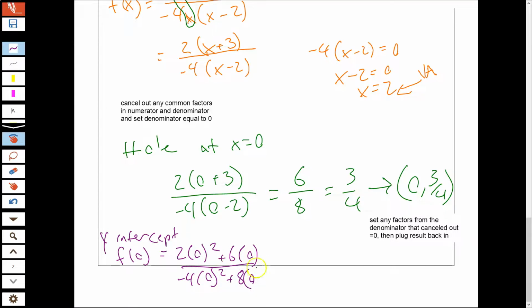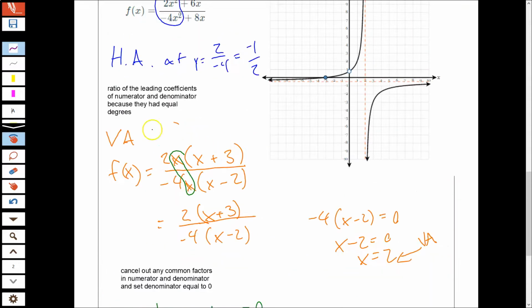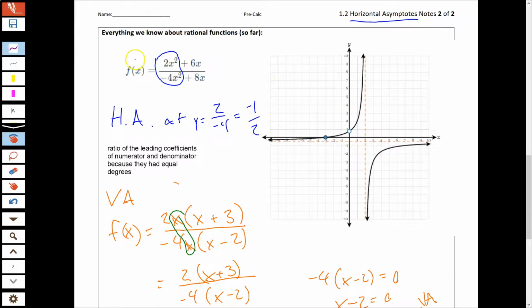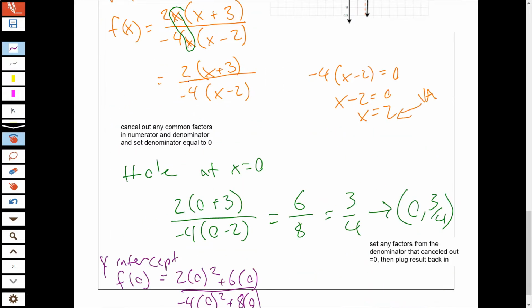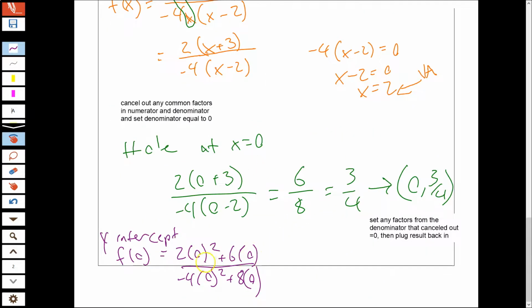Okay, so that was from my original function f of x. Every time I had an x, I replaced it with a 0, right? And notice what I get. I get 2 times 0 plus 6 times 0 is 0 on top. 4 times 0 plus 8 times 0 is 0 on the bottom. I get 0 over 0.